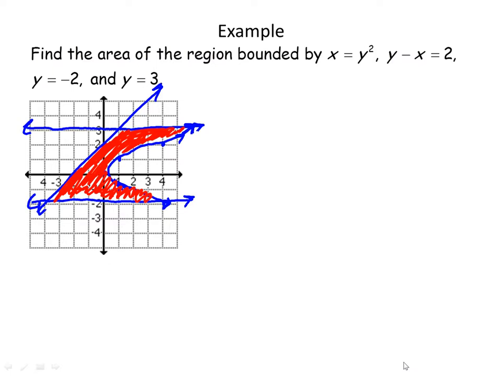All right, so if we use an R sub y region, our boundaries are going to be negative 2 to 3. Now, remember when you do an R sub y, you're not doing top minus bottom anymore, you're doing right minus left.